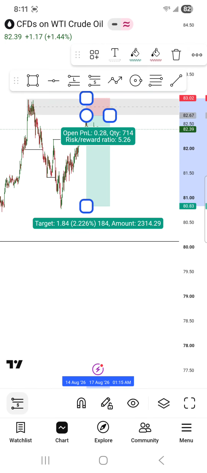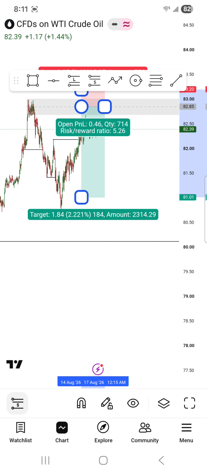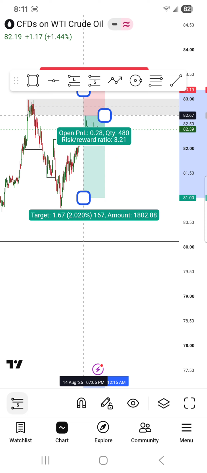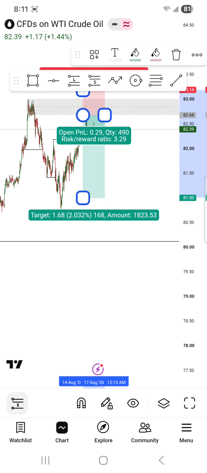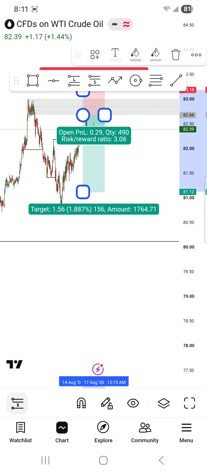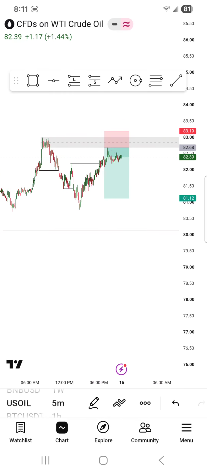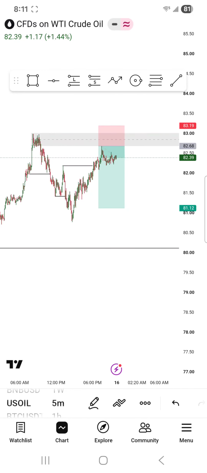So this will be 1:3. I'll just take my 1:3. This is it here on US oil. You can see what is happening.